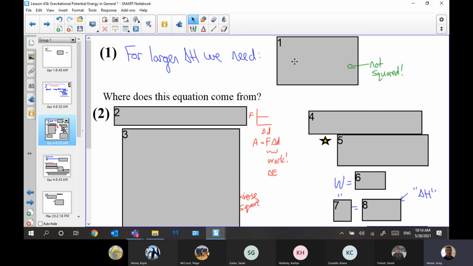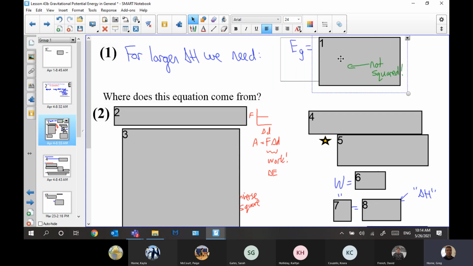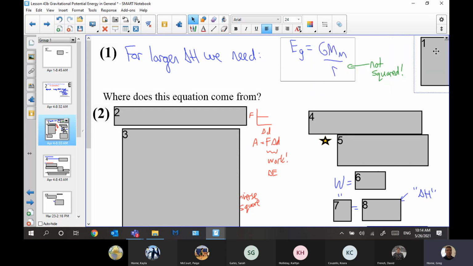But so for larger Δh values, we need an equation for gravitational potential energy that is not just mgh. It's going to be based on the universal gravitational constant. And I'm just going to show you the equation for now.